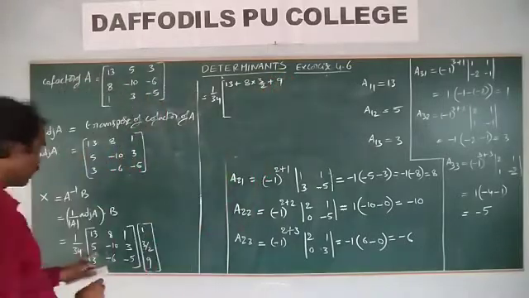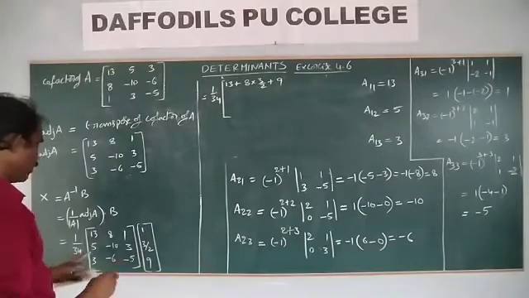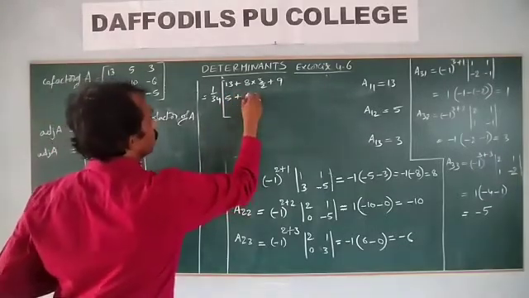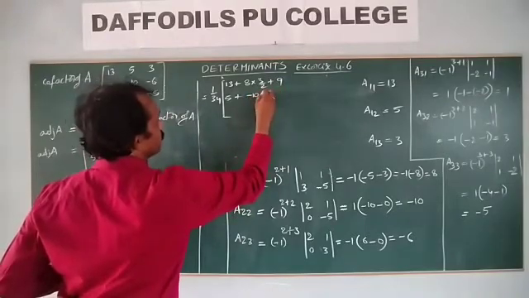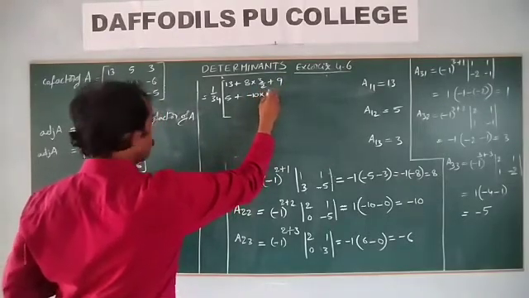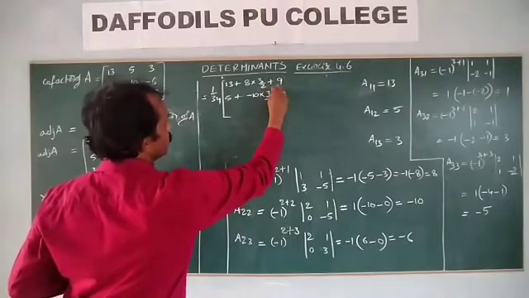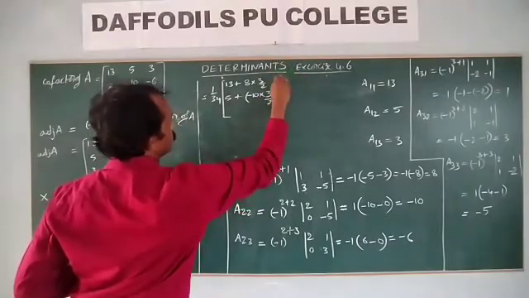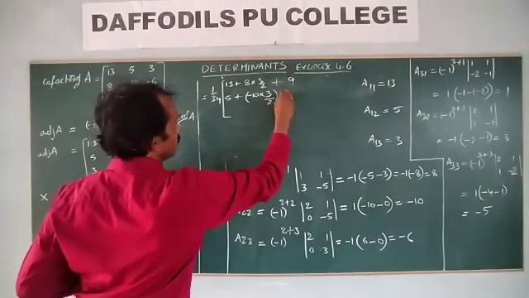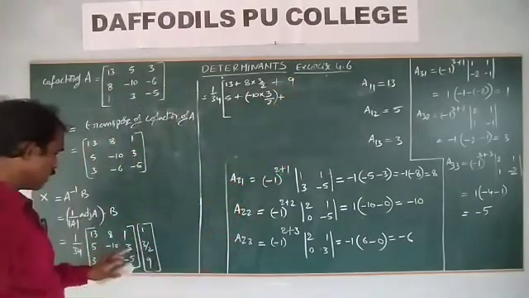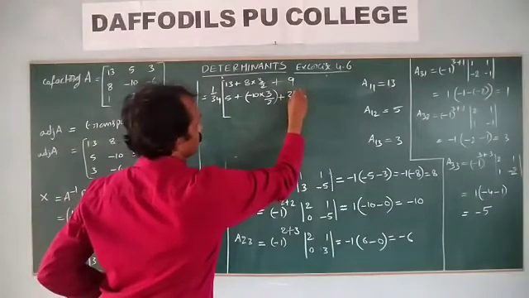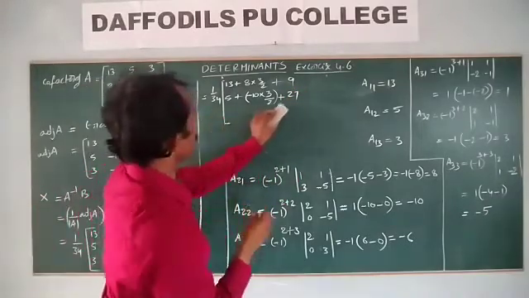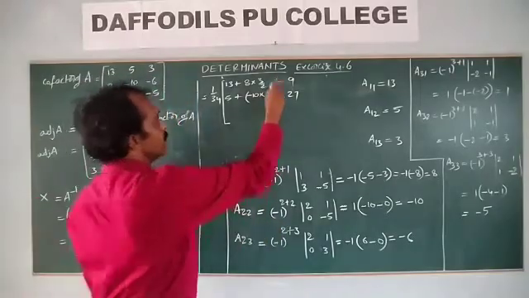Next, this row, this column: 5 plus minus 10 into 3 by 2 plus 3 into 9, 27.